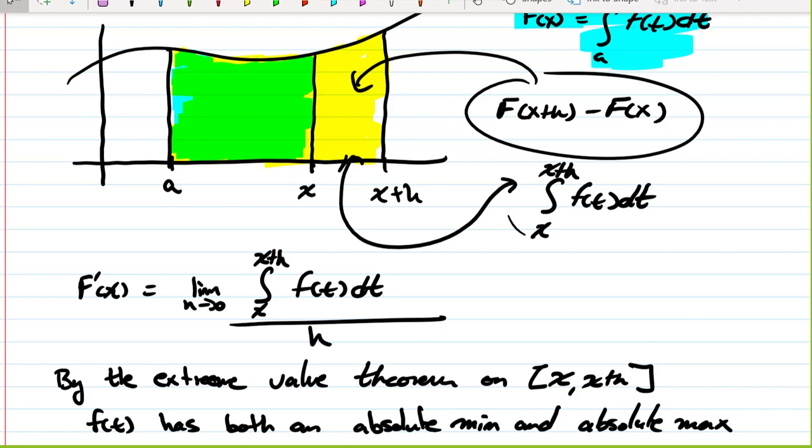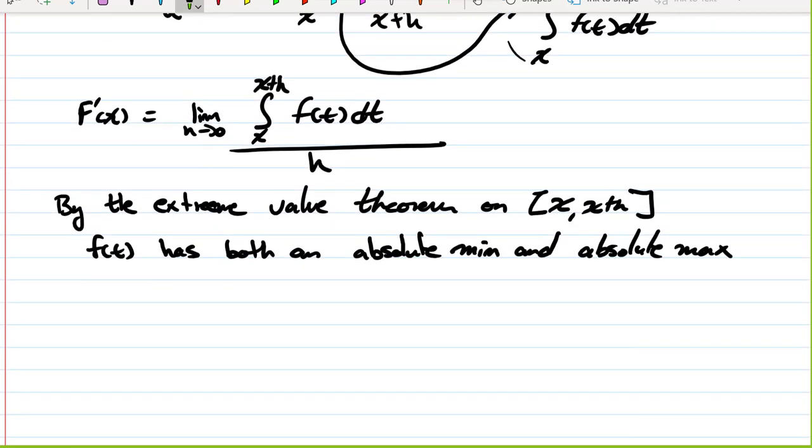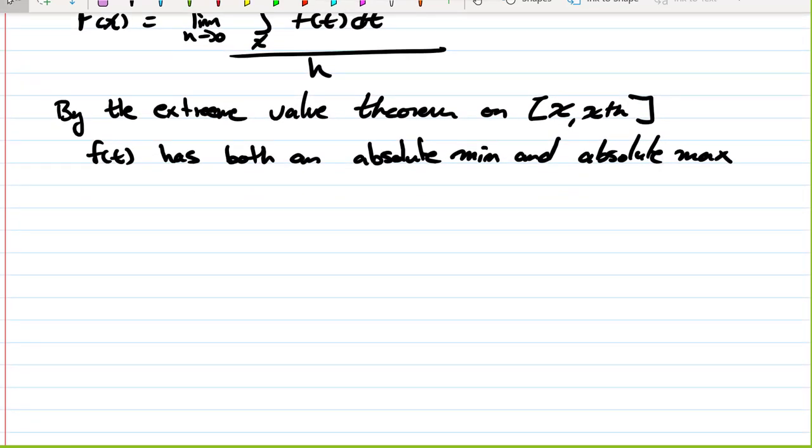So basically, in the picture that I had here, which may or may not be accurate, this would be the absolute minimum, and over here would be the absolute maximum. But it could be somewhere in the middle. We don't know. But somewhere in x to x plus h, it's going to have both an absolute max and an absolute min.